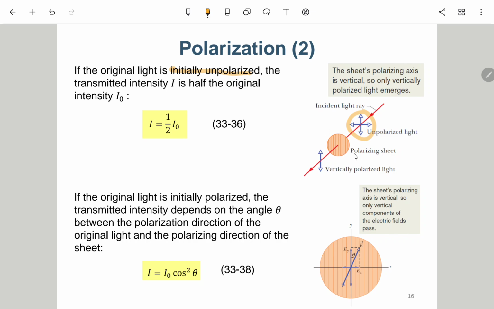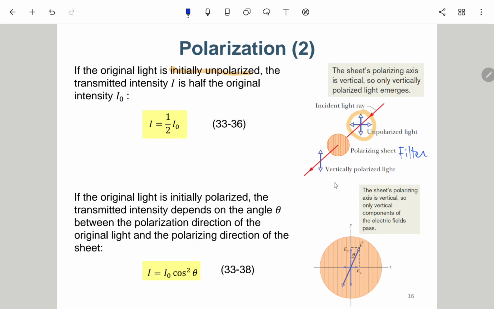And then this one we call the polarization sheet, or we can just call it a polarization filter. It is a kind of optical filter element. The sheet's polarizing axis is vertical, so it draws vertical lines, telling you that the incident wave becomes vertically polarized. So the transmitted intensity is half the original intensity I0.